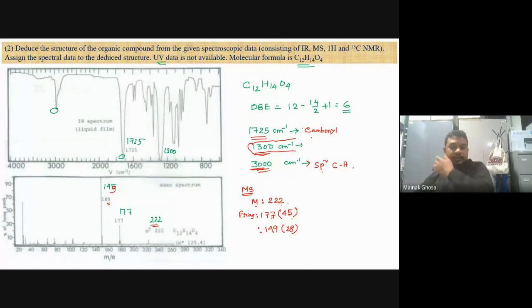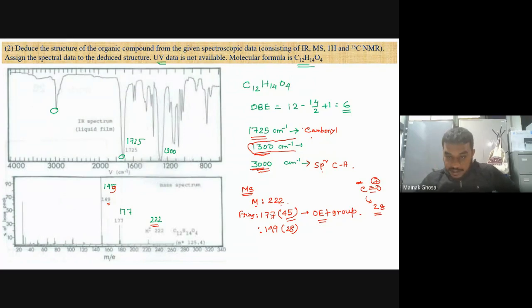So in the previous case, you have seen that a 45 mass loss could be due to the presence of an OEt group. If this OEt group leaves, how much will leave? 45. And after the loss of OEt, the carbonyl will remain, and this will be readily lost with a mass loss of 28 units, carbon and oxygen.